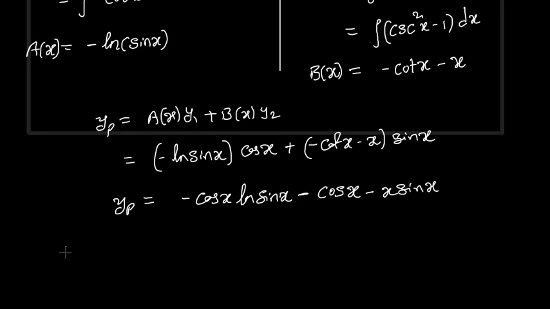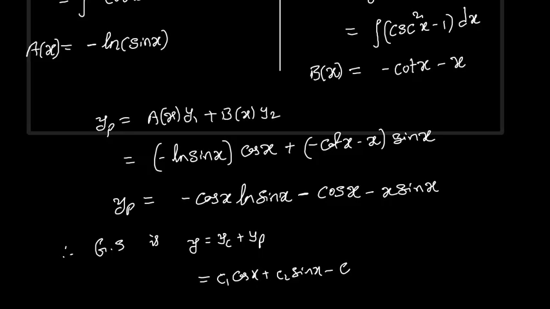So now if you want the general solution, the general solution is y equal to yc plus yp, and you know that is c1 into cos x plus c2 into sin x, and plus you need to write the other, that is minus cos x into ln of sin x minus cos x minus x sin x.